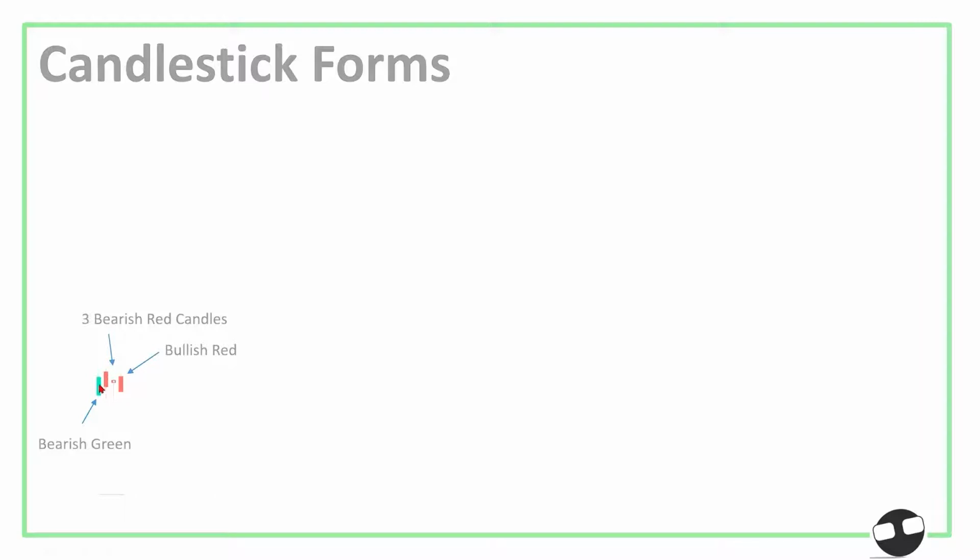The first high from the green candle is higher than the next candle, and we have an obvious lower high. The trend is moving downward, and this bullish red candle may give us a hint that it's pushing downward.